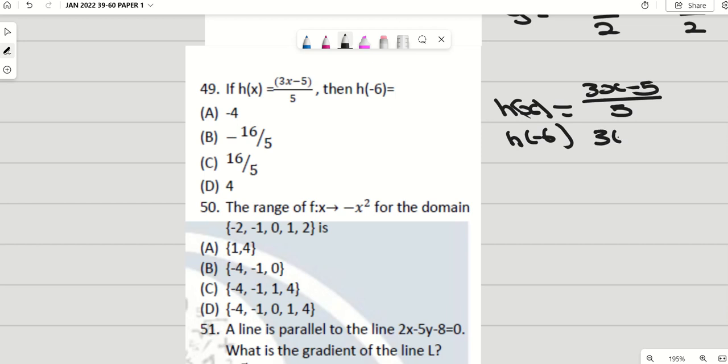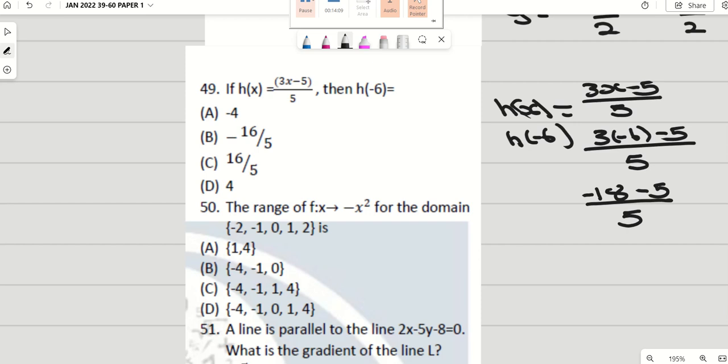That is 3 by minus 6 minus 5 all divided by 5. 3 by minus 6 is 6 3s are 18. That's minus 18 minus 5 all divided by 5. Now minus 18 minus 5 would give you 18, 19, 20, 21, 22, 23.